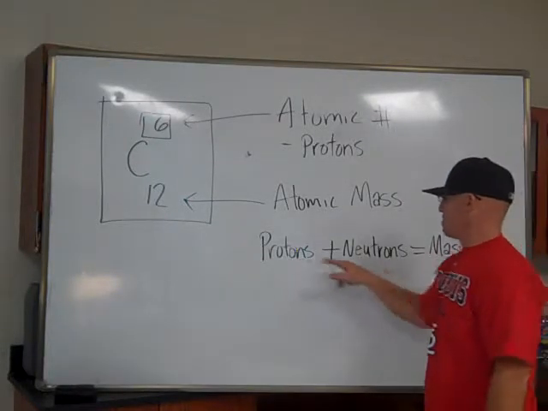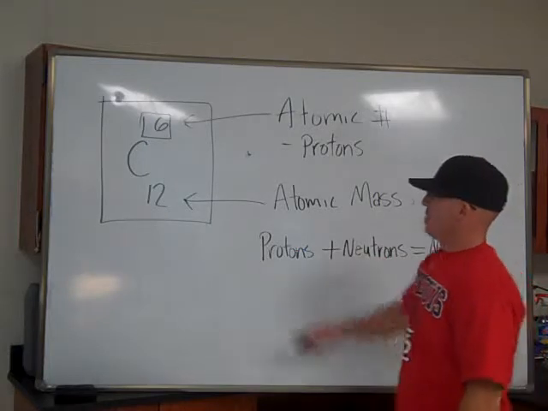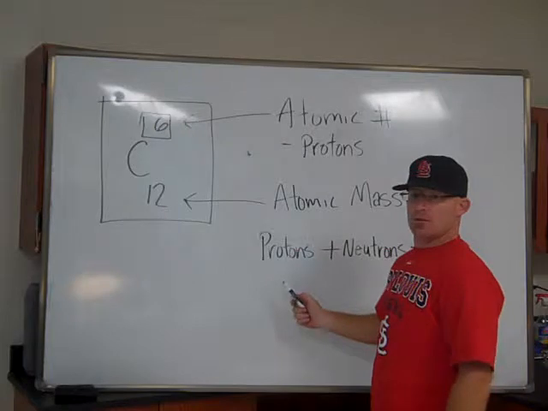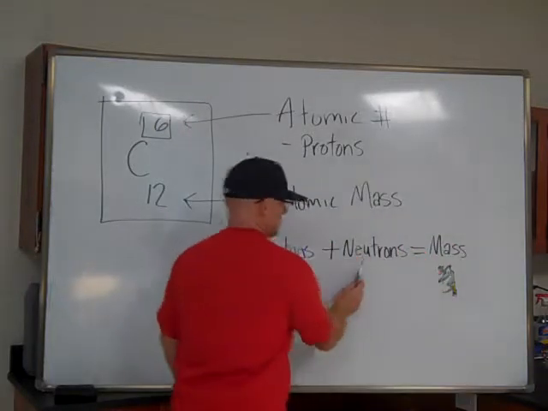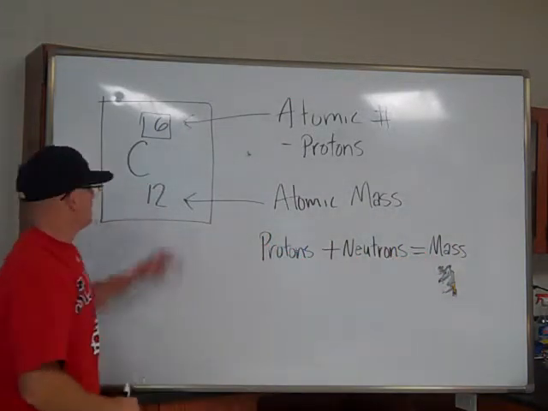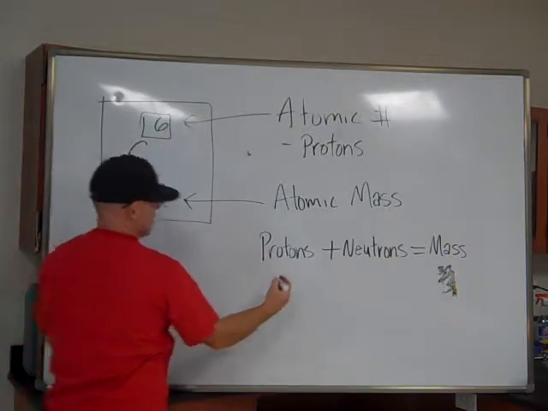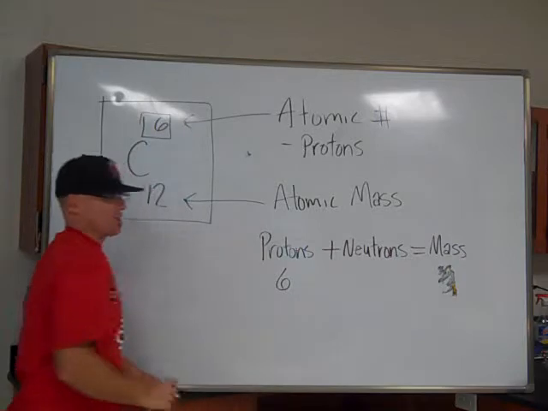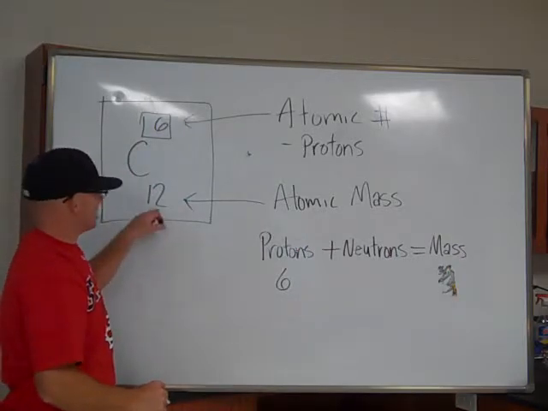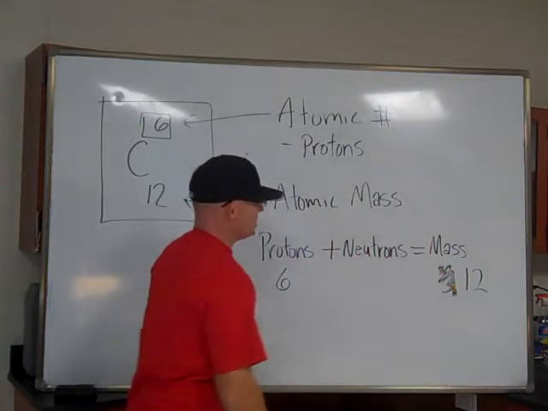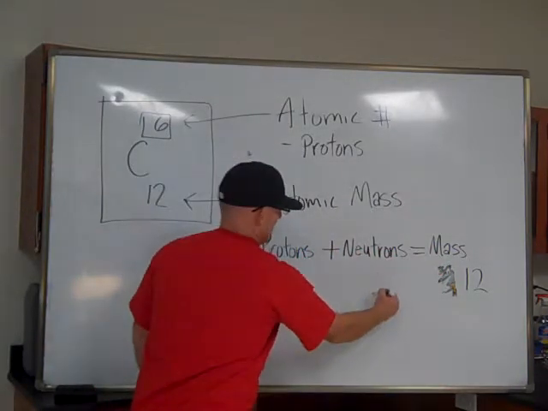Now, if it's protons plus neutrons, the periodic table gives me 2 numbers of this math problem. Okay, so protons plus neutrons equals mass. What does the periodic table give me? It gives me the number of protons. Carbon has 6 protons. It has a mass of 12. So, what don't I have? I don't have n.